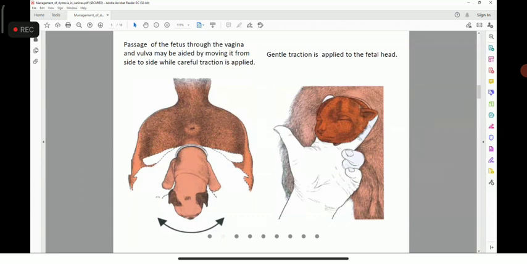Means while passing through the vaginal canal, the neck will not be subjected to heavy pressure, because both the legs are guarding it side by side. But here definitely the forelimbs are flexed, so these are not available to guard it. Therefore you have to put your finger side by side the neck, and then you can apply simple traction.